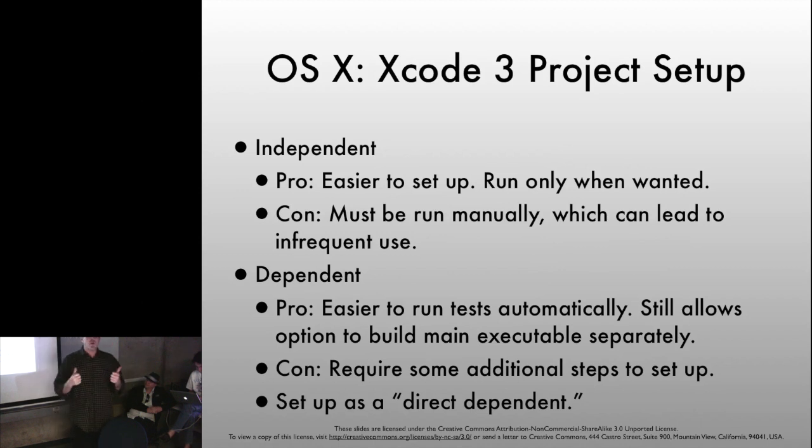So there are two different ways that you can set up your Xcode 3 project. You can set up the tests to be interdependent, or you can set up your tests to be completely independent, totally isolated, so that you have to run them manually. Some of the pros for that are that it's easier to set up your project. If you have bugs in your code and you've written test cases that have problems, you still have to make sure that the tests complete before your application launches.